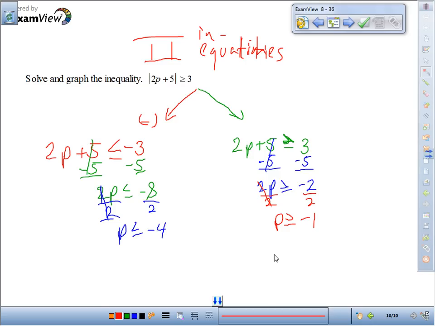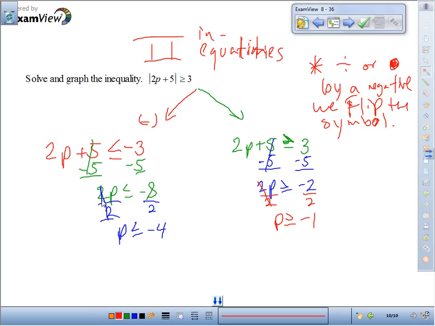Are we there so far? Okay, on these guys, let's make a little note. Who remembers when we do inequalities that if we divide or multiply by a negative, we flip the symbol?